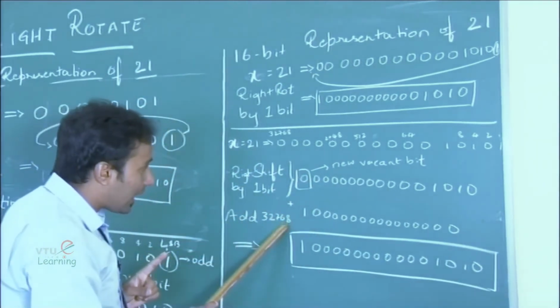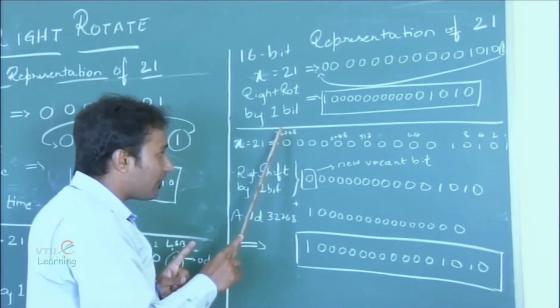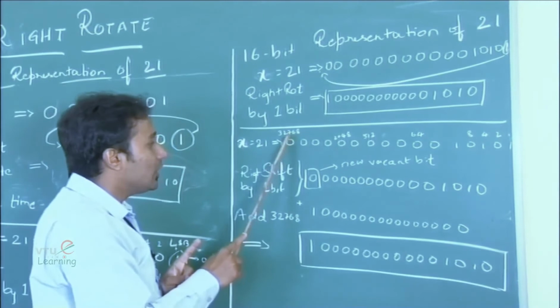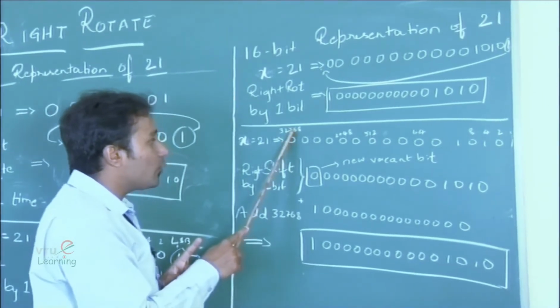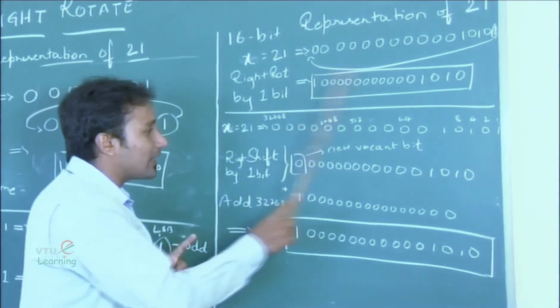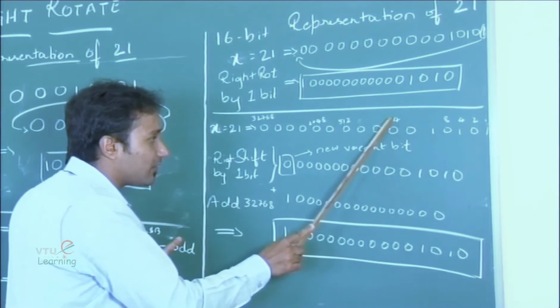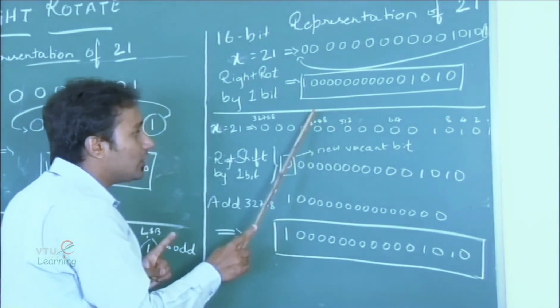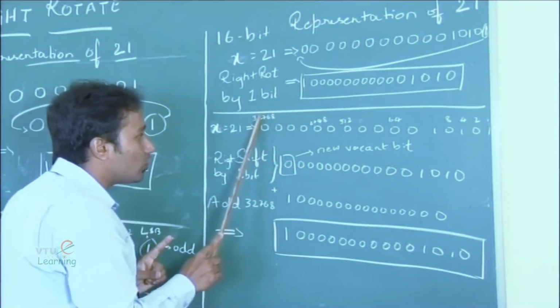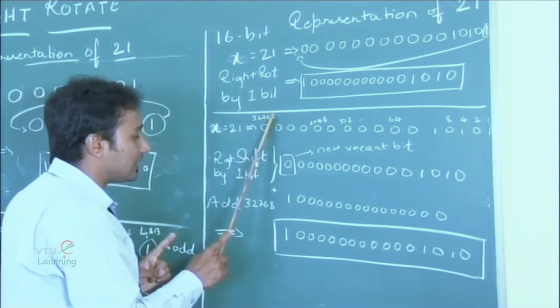Next, what happens? We need to add the value of the MSB. Here, the value of the MSB is 2 to the power of 15, which is equal to 32768. As we can see, this is 1, 2, 4, 8, etc., 64, 512, 2048, and this 2 to the power of 15 is nothing but 32768.